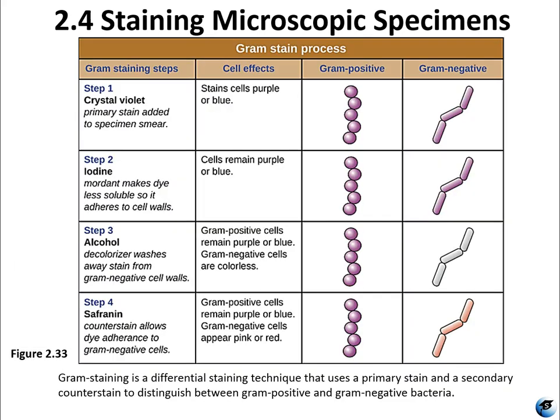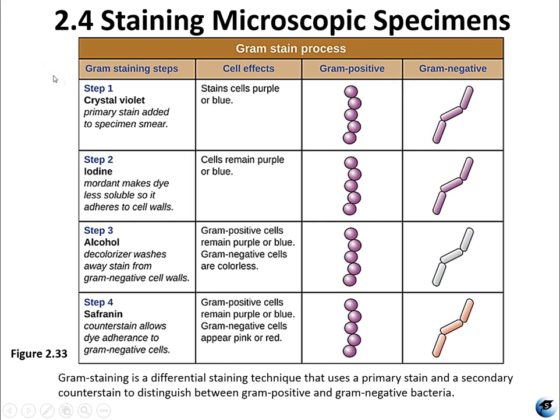This is the process of performing a gram stain. A gram stain is a differential stain. It uses a primary stain, a mordant, a decolorizer, and a counterstain. And it's used to distinguish gram-positive from gram-negative bacteria. We will discuss in greater detail what gram-positive and gram-negative bacteria are and what all of that means.